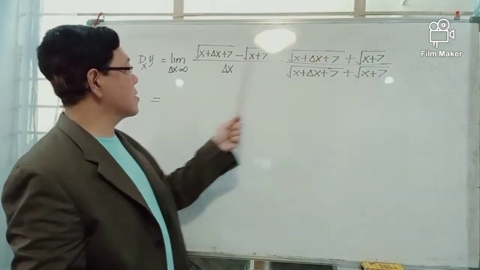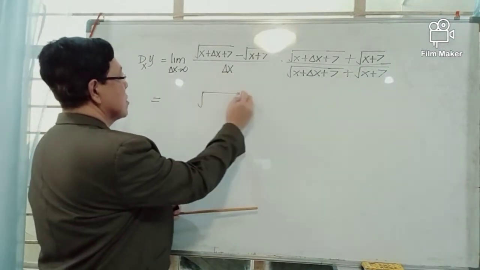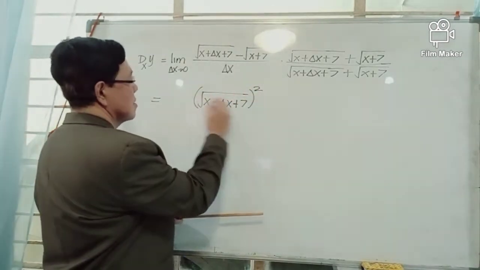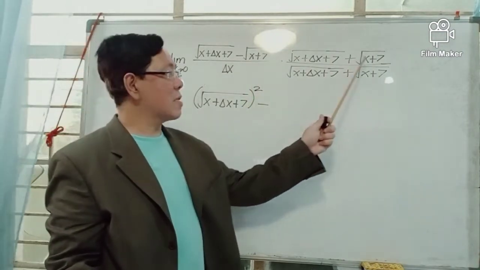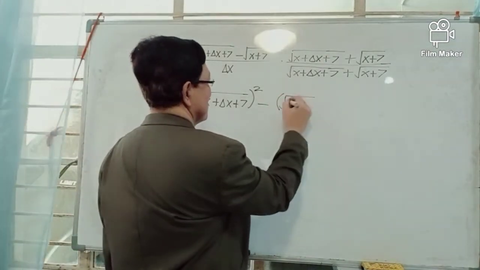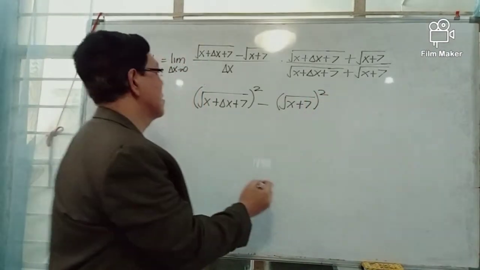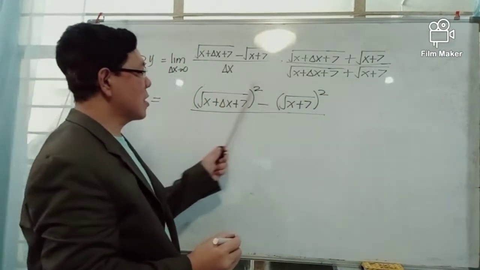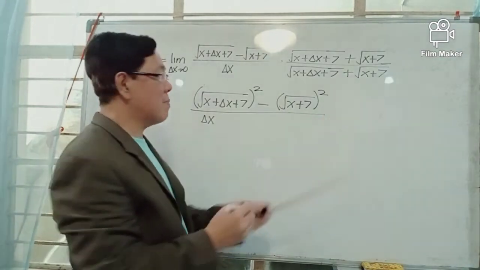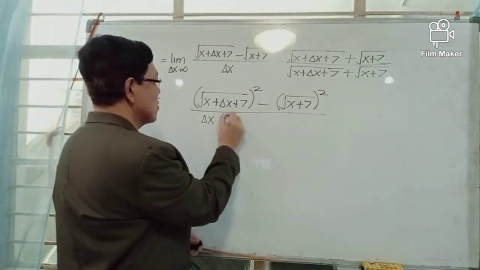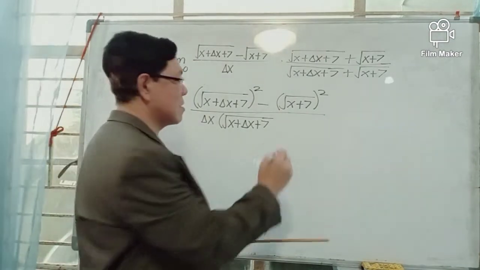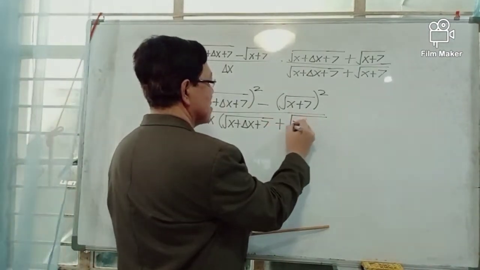the square of the first term, square root of x plus delta x plus 7, squared, minus the square of the second term, the common second term, square root of x plus 7, all over delta x multiplied by this sum, the square root of x plus delta x plus 7 plus the square root of x plus 7.